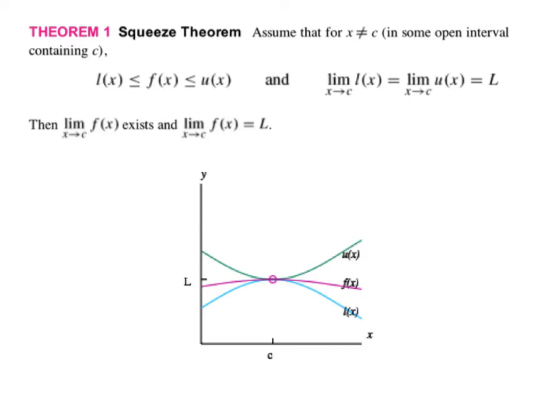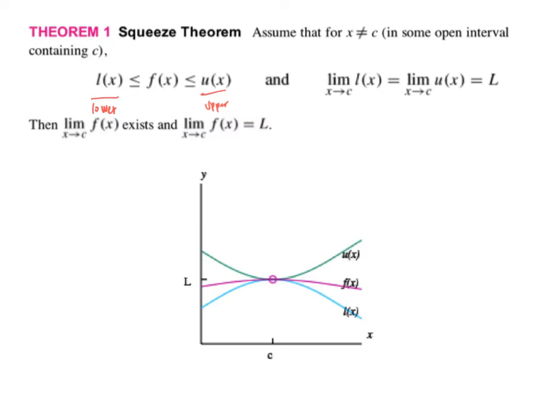This first inequality says we have a lower function, we have the function f that we are trying to evaluate the limit for, and we have the upper function. And this inequality says that the outputs, the range, of f always stays between L and U.